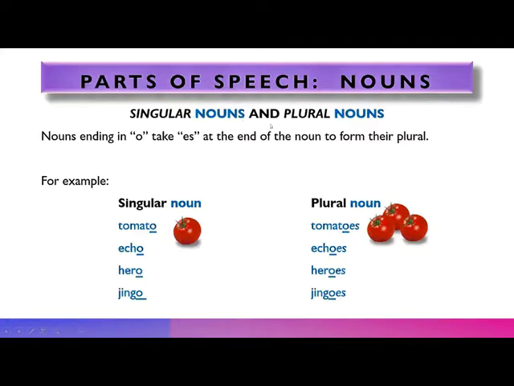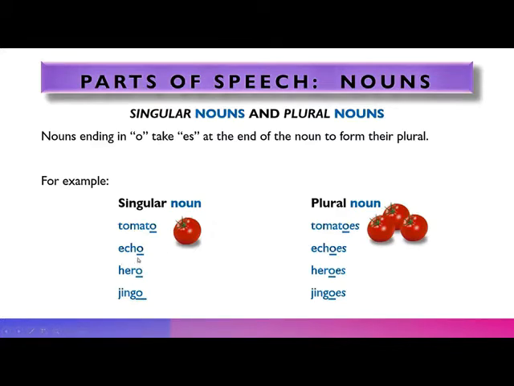Parts of speech, nouns. Singular nouns and plural nouns. Nouns ending in O take es at the end of the noun to form their plural. For example, singular noun, tomato. Plural noun, tomatoes.